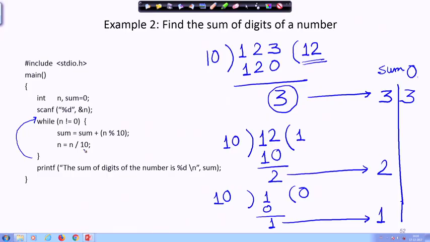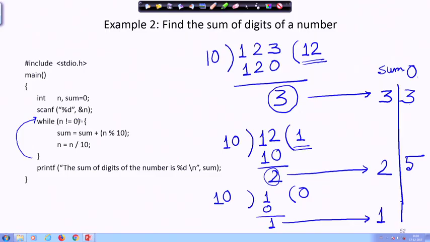So, I will again do that. Sum will be 3 plus n modulus 10. So, I again divide by 10 and take the remainder, and that remainder is added to sum. So, 3 plus 2 will be 5, and then I divide n by 10. So, now I find out 1.